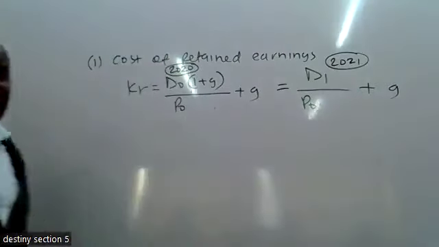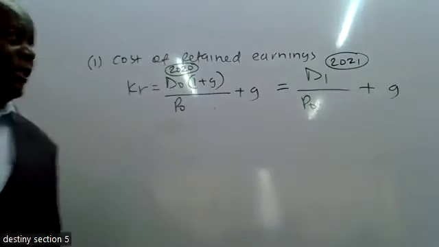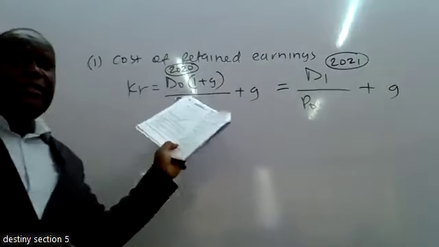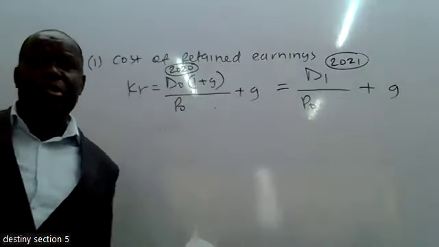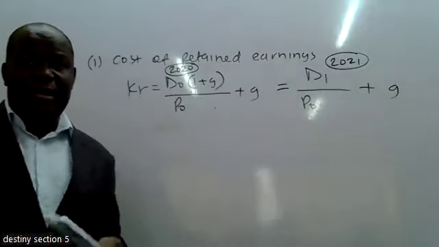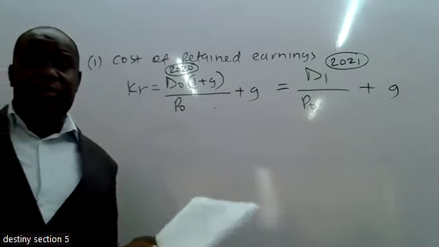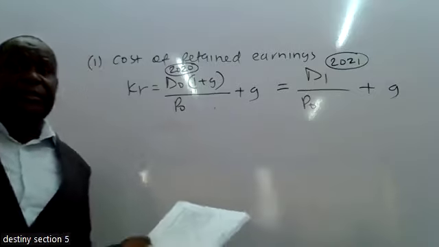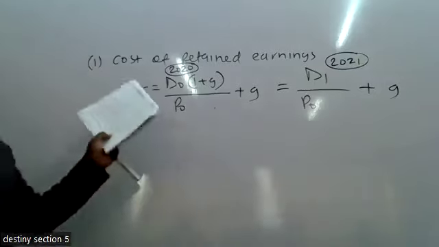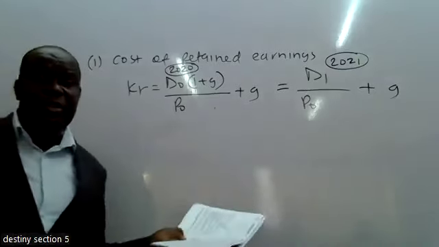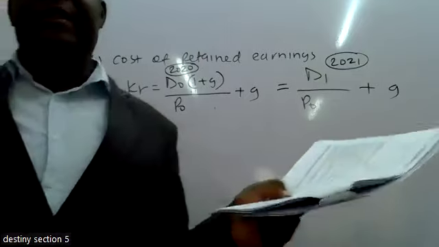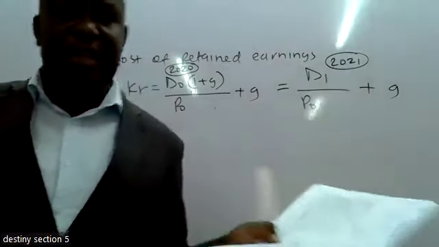We agree on that. Our D0 here is not the same D0 that you used to get G. Our D0 is the last dividend that was paid.